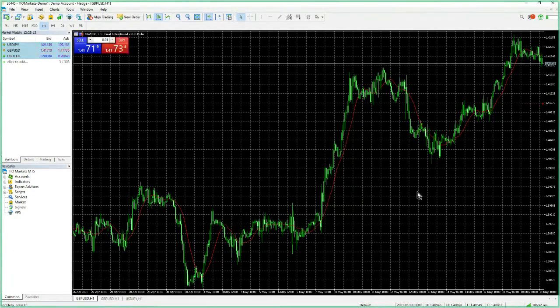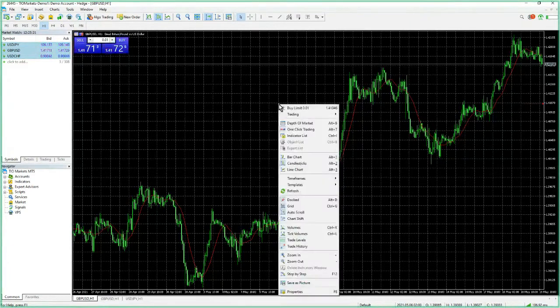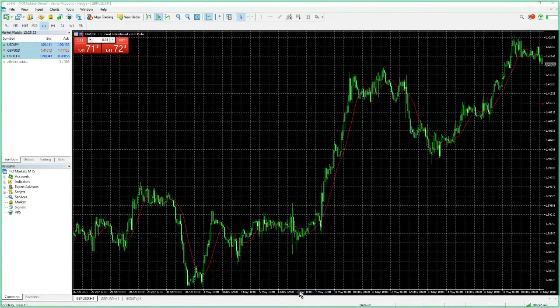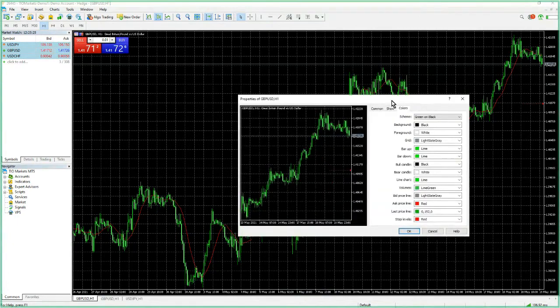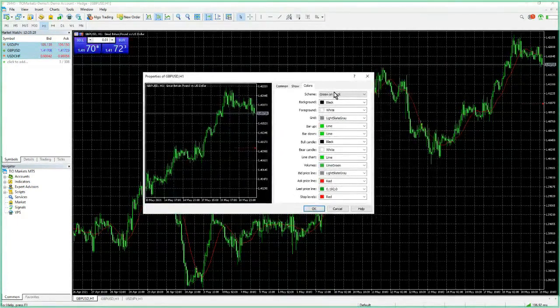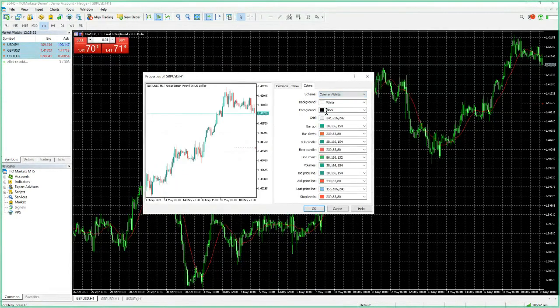And then the next thing is the colors in the charts. I really don't like the grid here. So I right click on the chart, go to properties. Here it is. And then I choose, I like the white background. You might think it's a little too bright, so you can stick with the black, obviously.